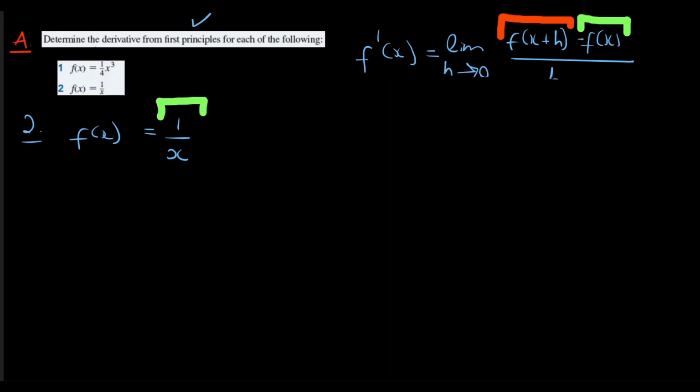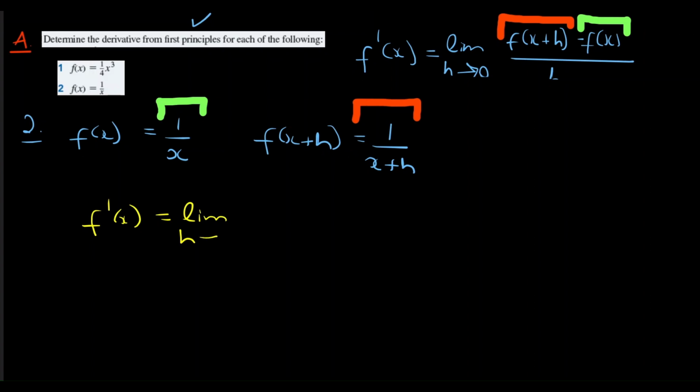Now we need to find what our f of x plus h will be. Our f of x plus h will be 1 over x plus h. So that's our new f of x plus h. Now we just substitute everything into the formula, and we'll have f prime of x.